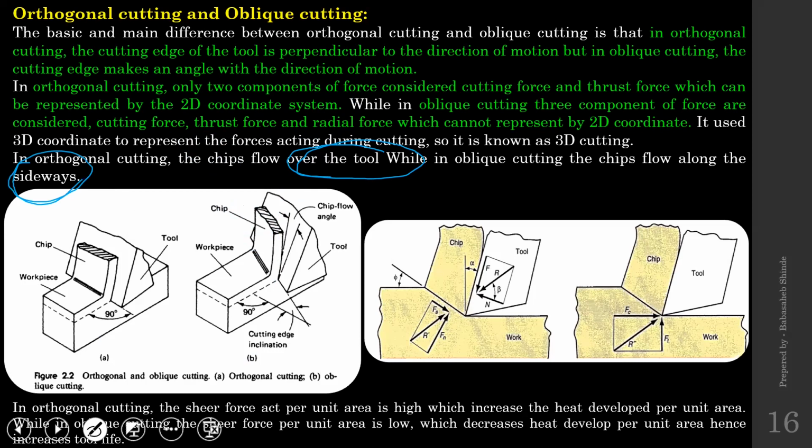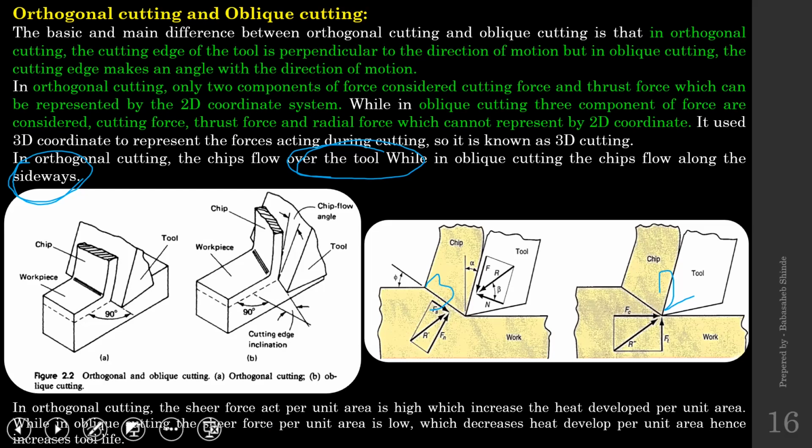That is another difference. Now the last difference: as I said, in orthogonal cutting two forces are there, in oblique cutting three forces are there. Additionally, if you compare the magnitude of forces, the major force responsible for chip formation is the shear force.